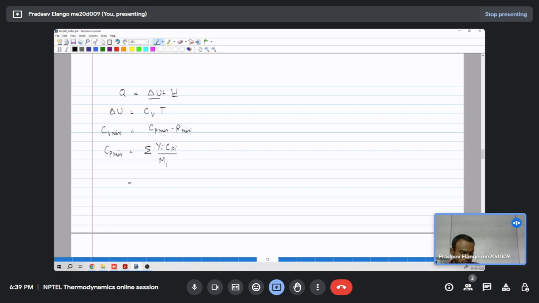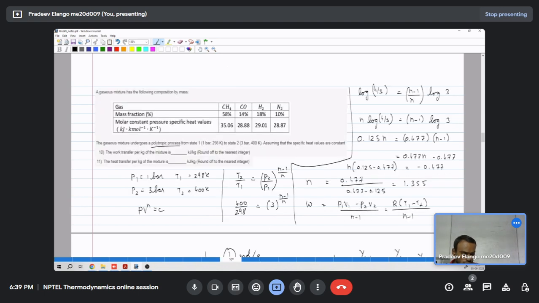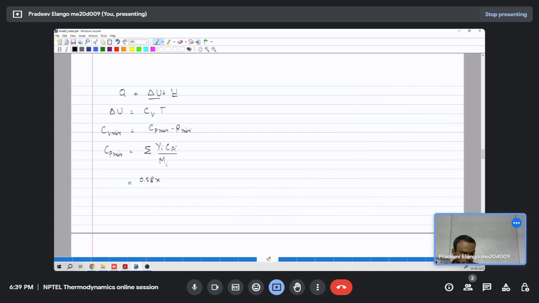So this is for the methane we have 0.58 into Cp is 35.06 divided by molecular weight of methane, which is 16.